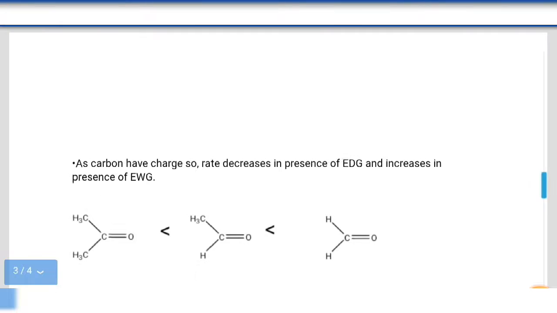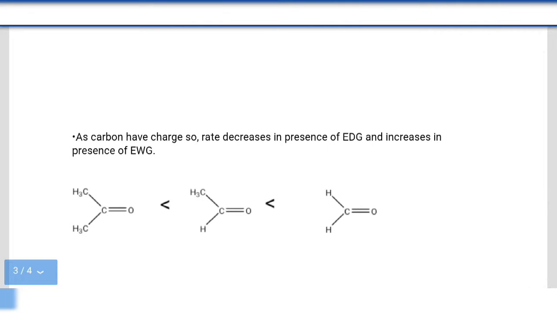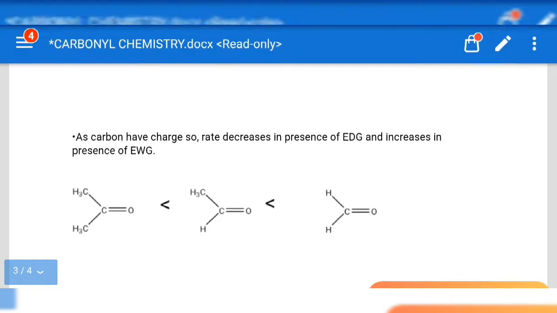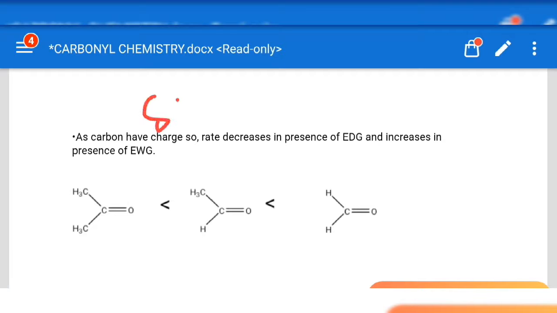Another factor is that, as carbon has a delta positive charge, the rate decreases in the presence of an electron donating group and increases in the presence of an electron withdrawing group.